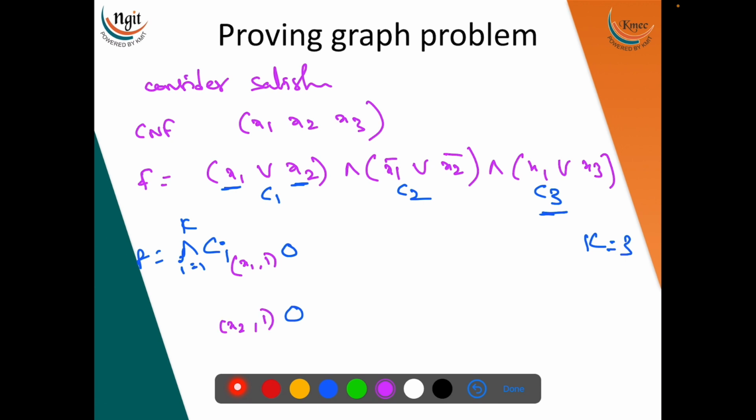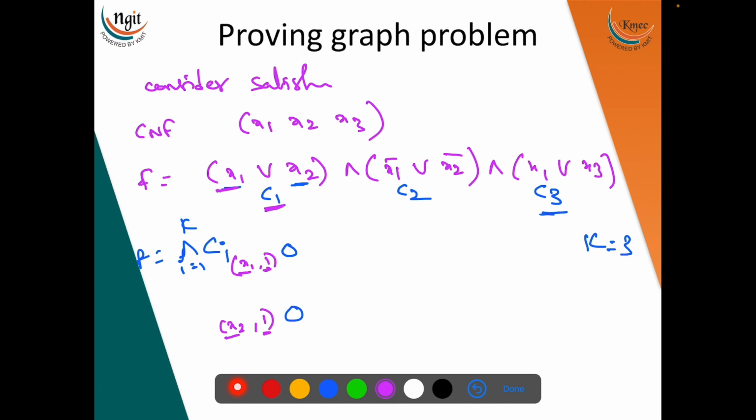I am writing the variable and the clause number from which I am taking it, C1, C2, C3. So this vertex is (x1, 1): x1 is the variable, 1 represents the clause number. And this is (x2, 1).